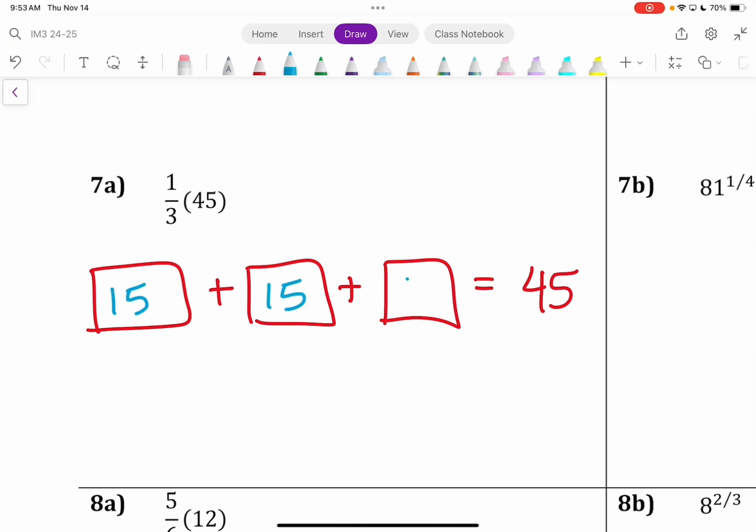Now, how many thirds do I want? I only want one of them. So my answer is only one of these. So 1/3 of 45 is equal to 15. You guys okay with that? Does that make sense? How splitting it into even groups gives us the answer? Are we all good with that?